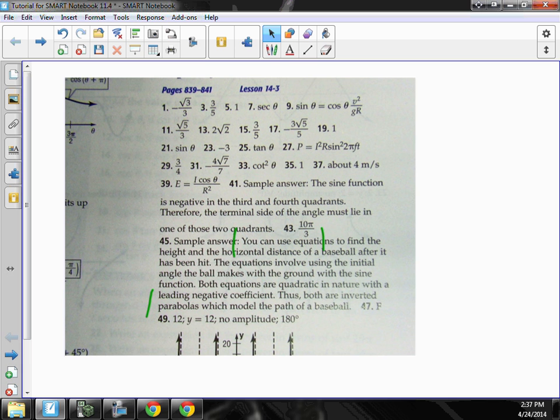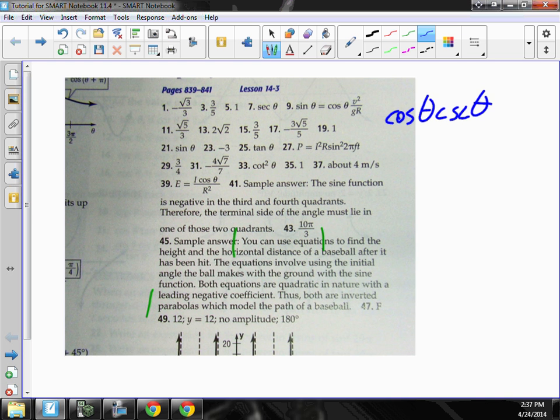24. Yeah, I'll do 24. So cosine theta cosecant theta over tangent of theta. So cosine we leave as it is. Cosecant is 1 over sine.